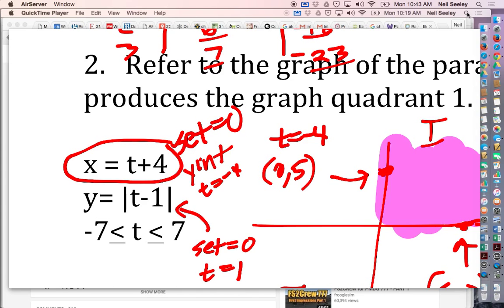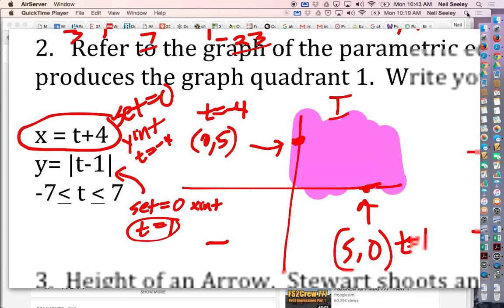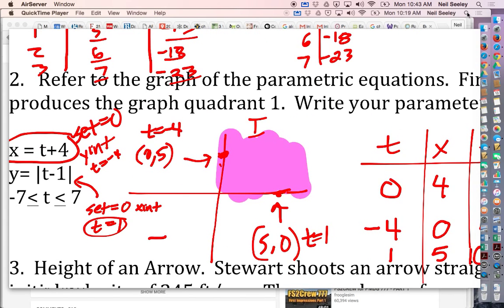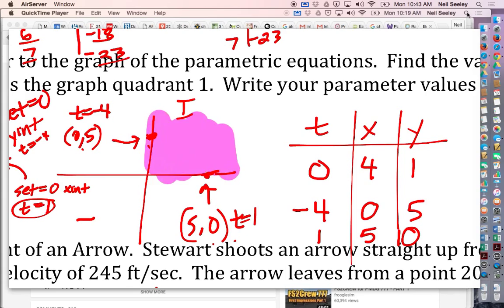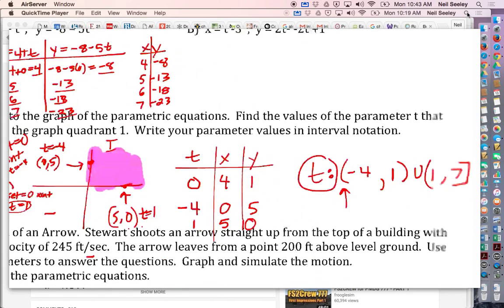And that's what we got. Set equal to 0. That would be your x-intercept, because that's not in quadrant 1. It's kind of on the border of quadrant 1 and 4. And we got the t equals 1. What those play out as is they just tell you these 2 key points that we found manually. They just get you there a little bit faster. And that's fine. Your interval is about what t's land you in the right quadrant.